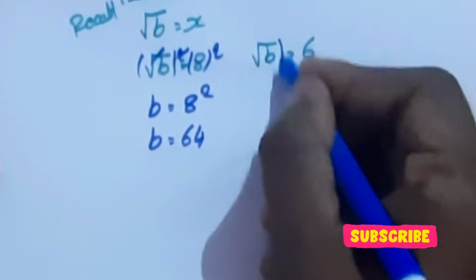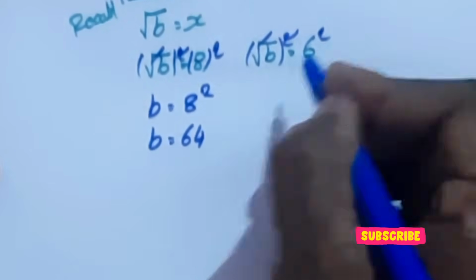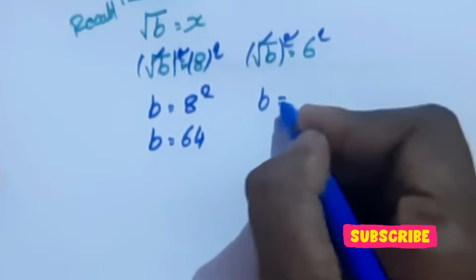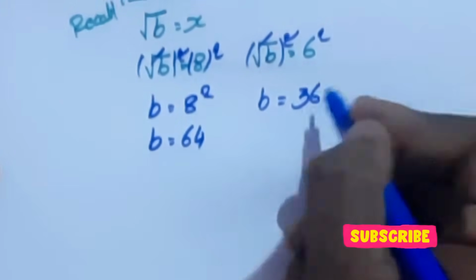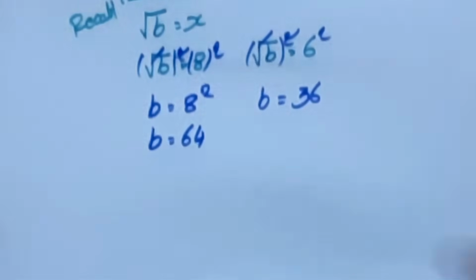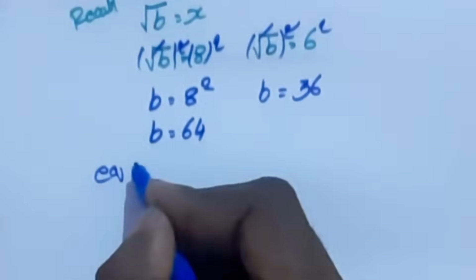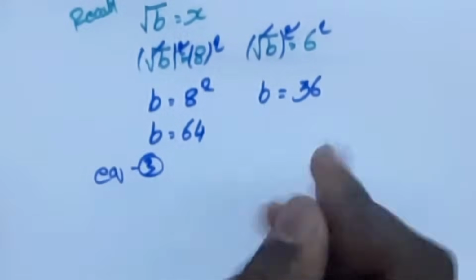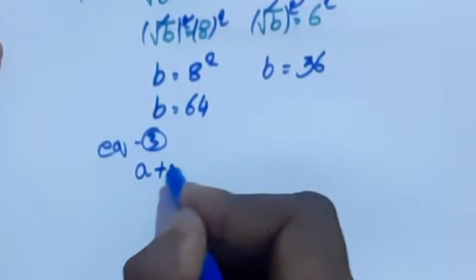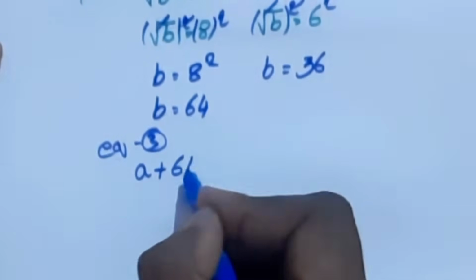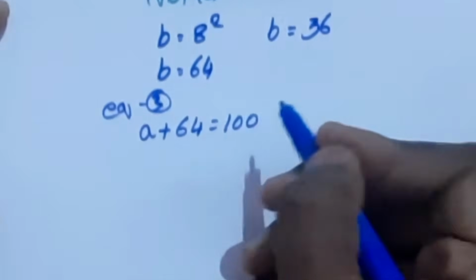Here in the same way, take square on both sides. So this square and square root will cancel each other. b equal to 6 square is 36. Now this we are going to apply in equation 3. So equation 3 is a plus b, here b is 64, equal to 100.